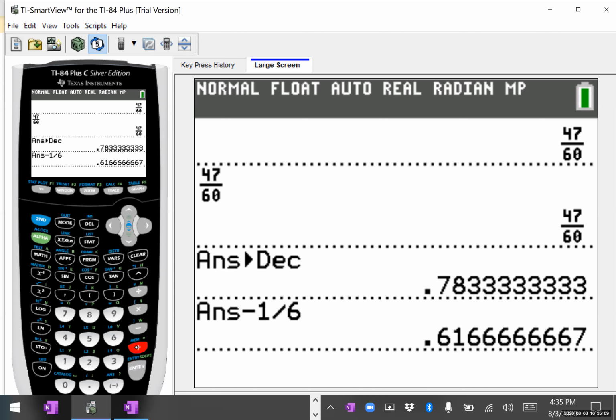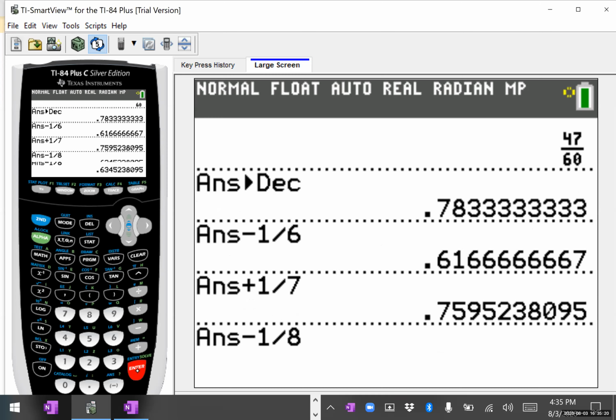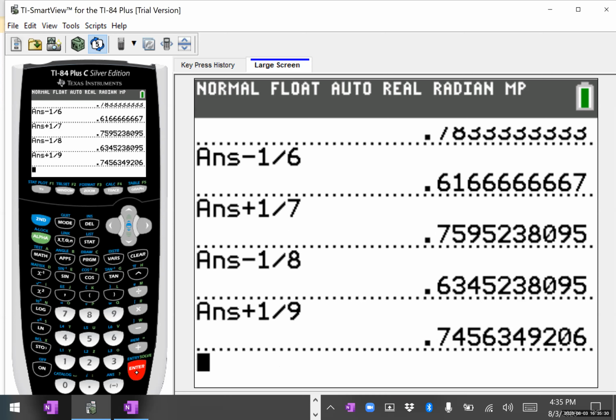And then it's going to go up 1/7. I'm just going to work with the decimals, and then it goes up to there, minus 1/8. Eventually, this should hone in on something. It may take a little while because of the way that this function operates. Then plus 1/9, right? And it's really hovering right around that 0.7 mark. I don't know what it is, and then plus 1/10.